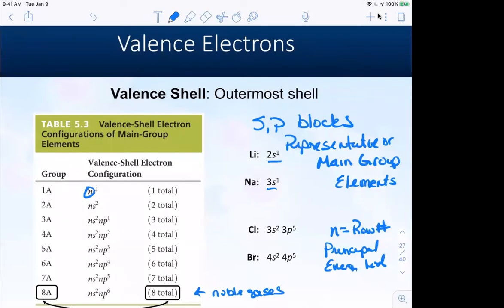Chlorine and bromine, these are halogens. We talk about those a lot in Chem 201. Those halogens are group number 7. They have 7 valence electrons. So they actually have a total of 2 electrons in the S subshell and 5 electrons in the P subshell.